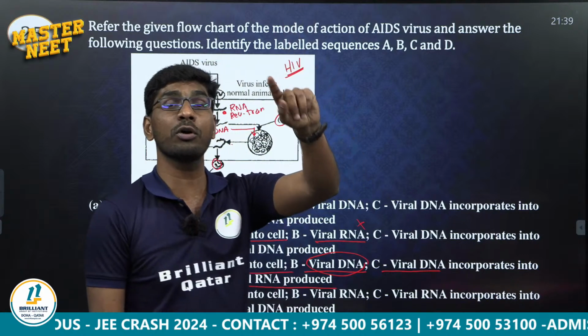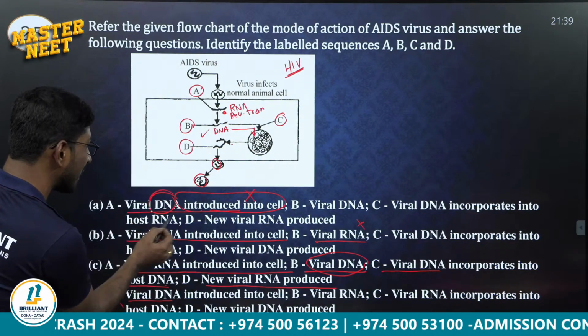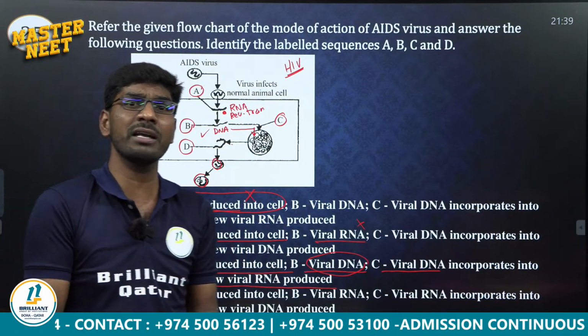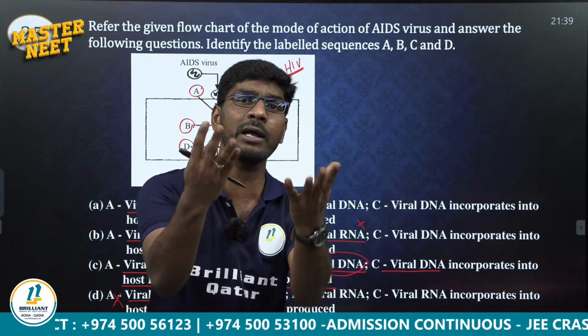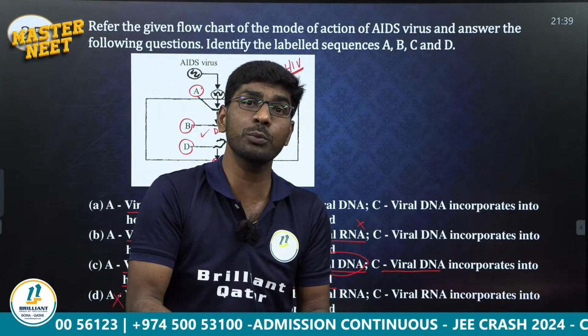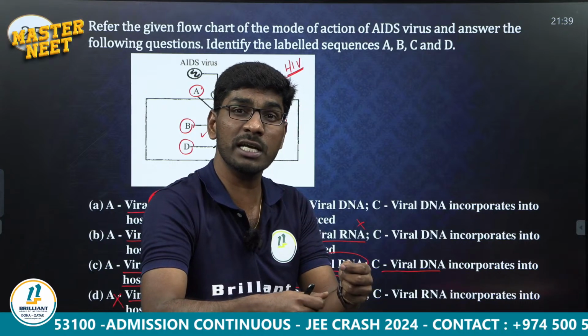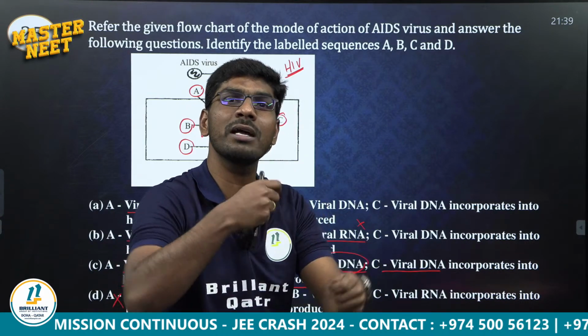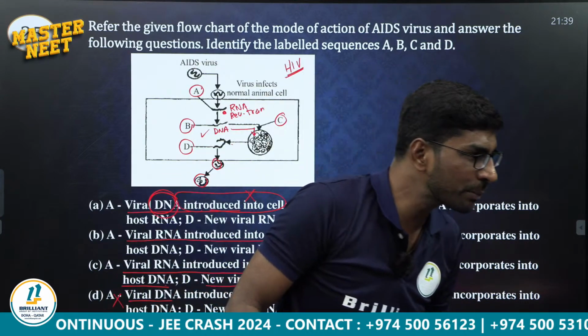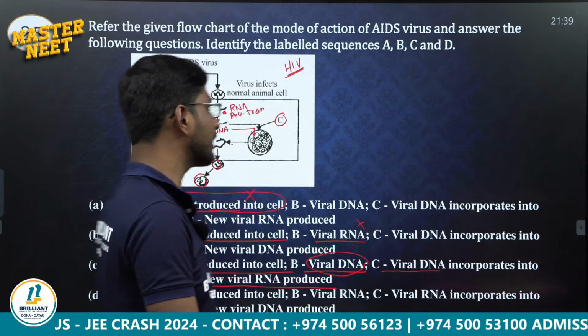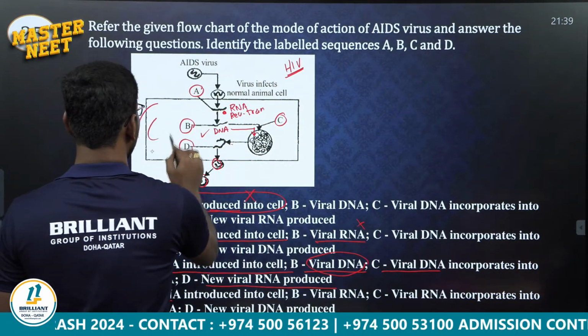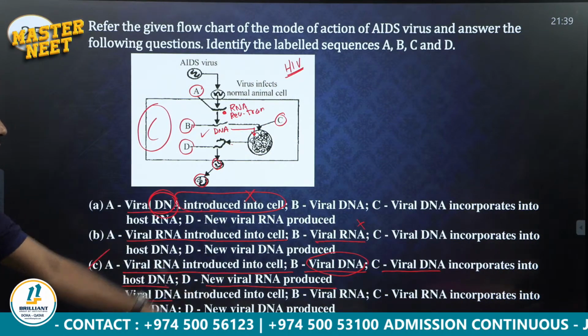It is not A, because in A, viral DNA is given, beta. HIV is a single stranded RNA virus, right? So viral RNA is introduced, and with the help of reverse transcriptase enzyme, RNA makes DNA. How many of you got my point? Yes. So the correct answer is option C. I am writing. Got it. Next question.